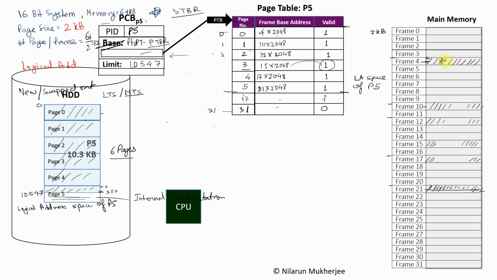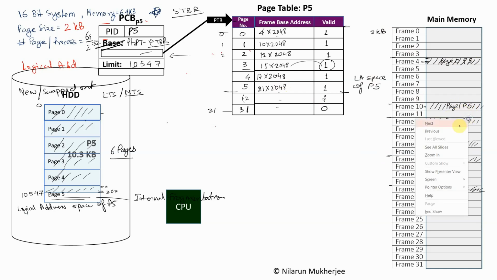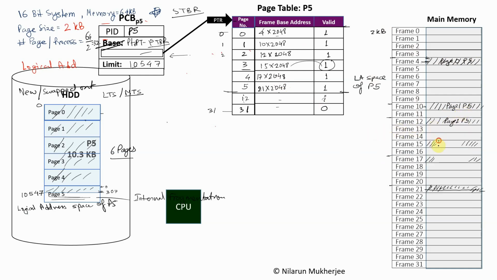So this is page 0 of P5, page 1 of P5, page 2 of P5, page 3 of P5, page 4 of P5, and this is page 5 of P5.